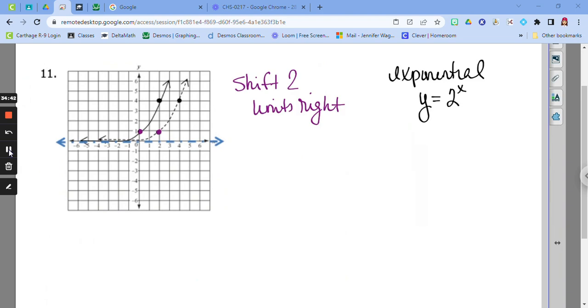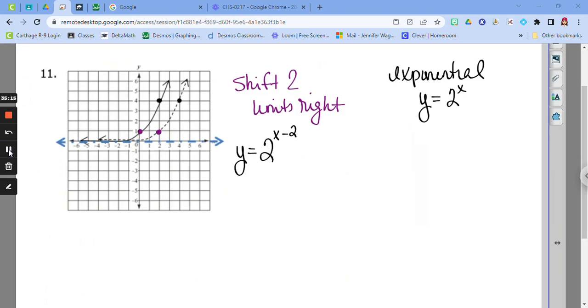Y equals 4 to the x is a parent function. Each new base on an exponential function becomes the parent function. So it changes. Now, 2 units right, that means 2 to the x minus 2. So your h is up there with the exponent, and then any k value is added after.